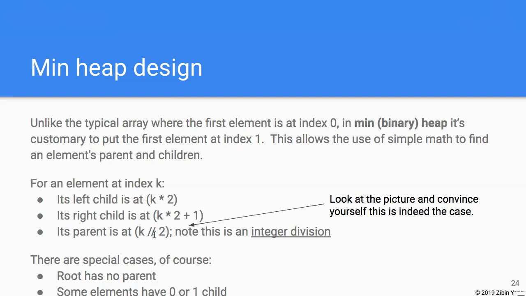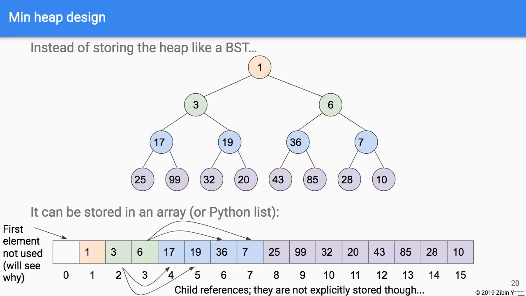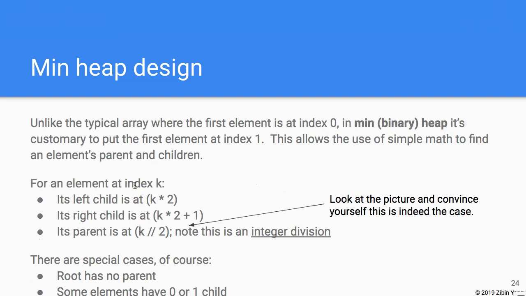It's an integer division. It doesn't matter whether it's a left child or right child, its parent is k integer divided by 2. Make sure that you look at the previous pictures and prove to yourself that that is indeed the case.